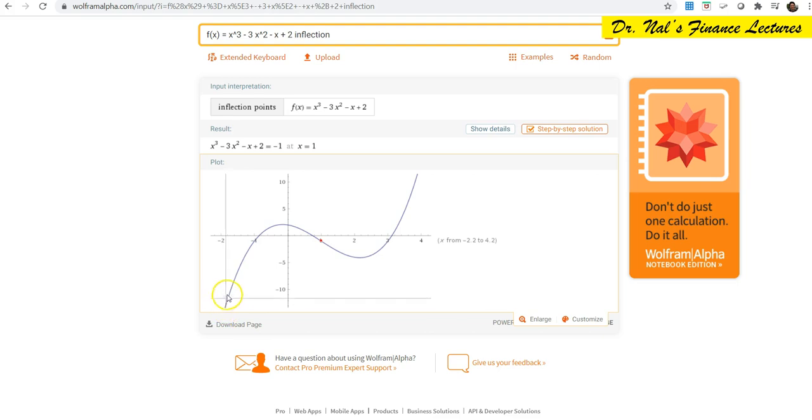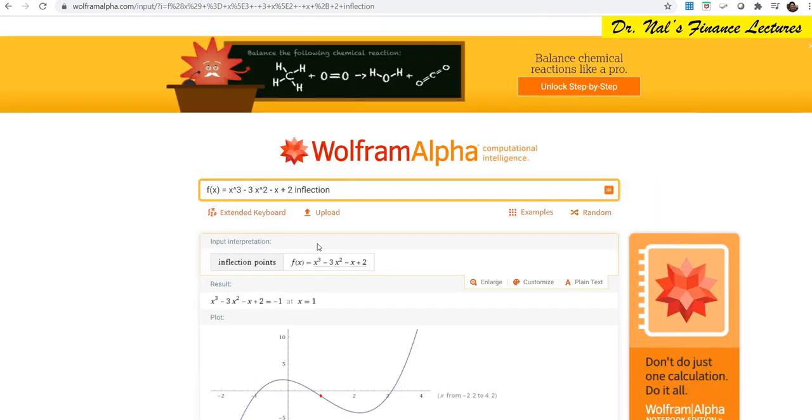What it means is up to that point, x equals 1, the function was looking downward. It was concave down, and afterwards it became concave up. So this is an inflection point. Pretty good. The WolframAlpha website is extremely useful for that reason, and I highly recommend it.